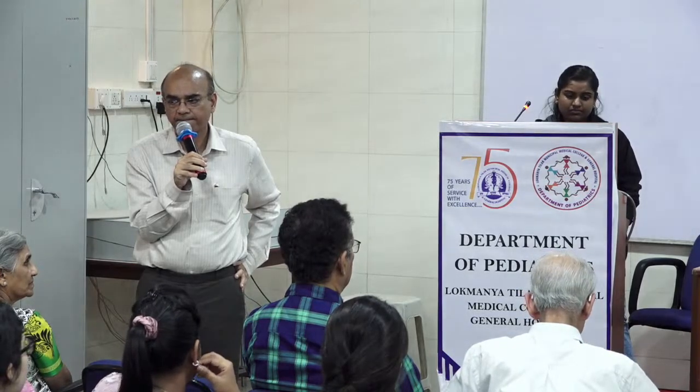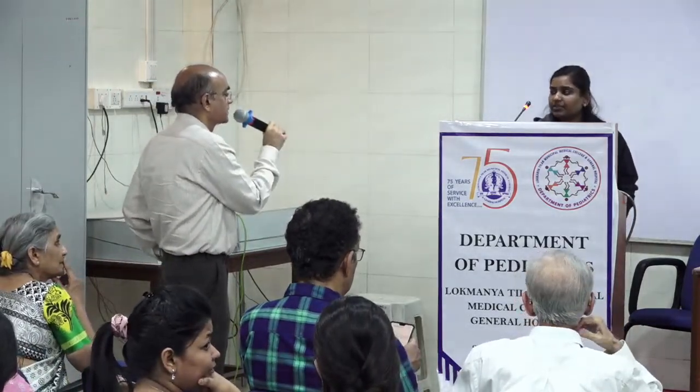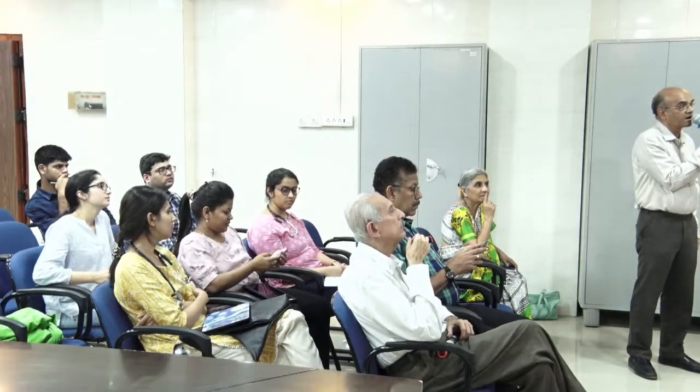So what would you call this? Would you call this quadriparesis? Would you call this hemiparesis? What would you call this? What do you think? It's hemiparesis, right-sided hemiparesis. Speak in the mic. Why do you say right-sided hemiparesis? So power is 2/5 on the right side, compared to 3/5 on the left side.